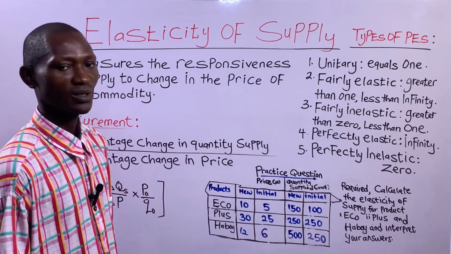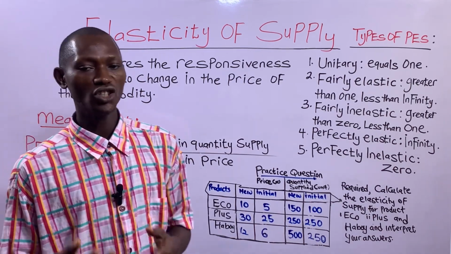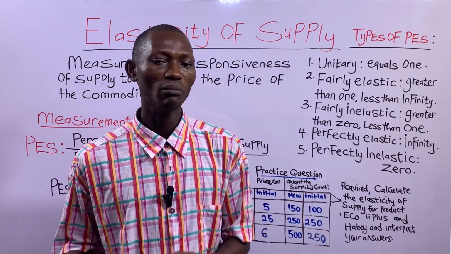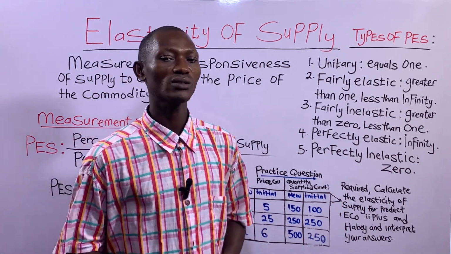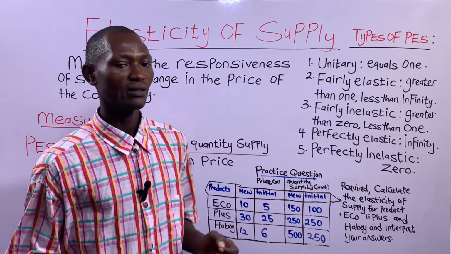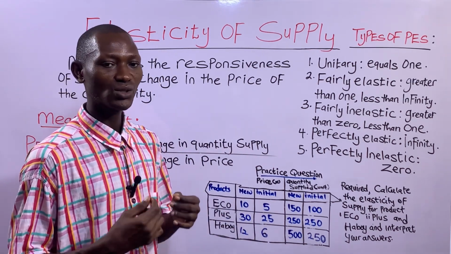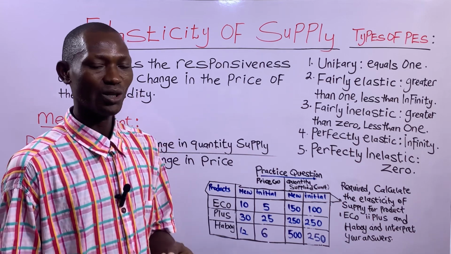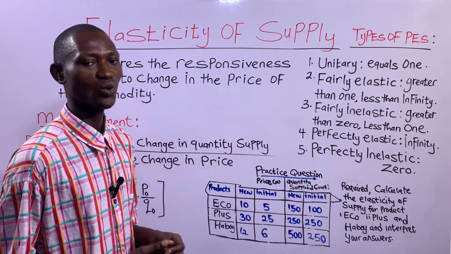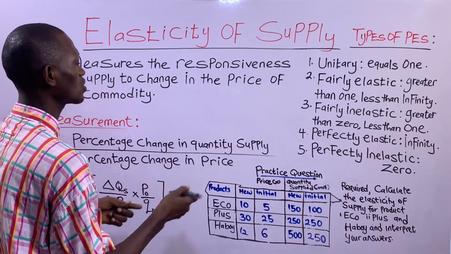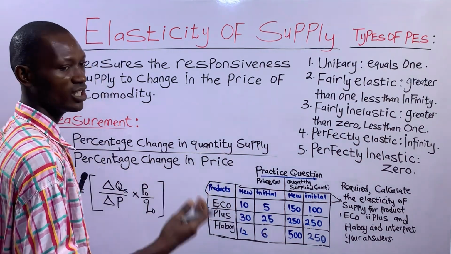It means a percentage change in price will bring about an equal percentage change in the quantity supply. What that means is that, let's say there is a 5% change in price, and that leads to exactly 5% change in the quantity supply.